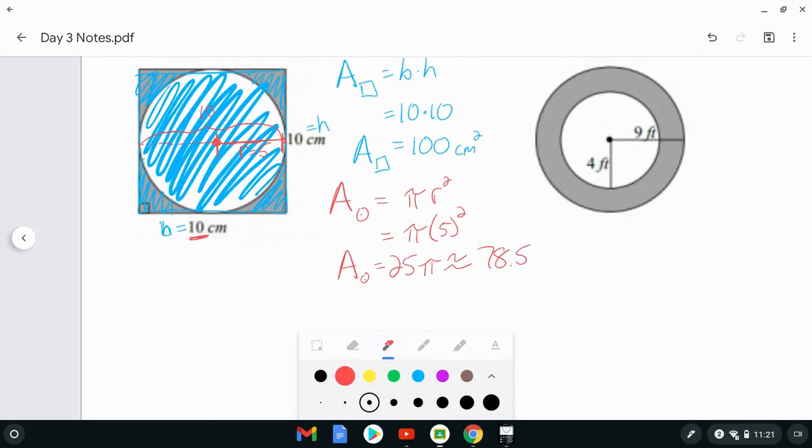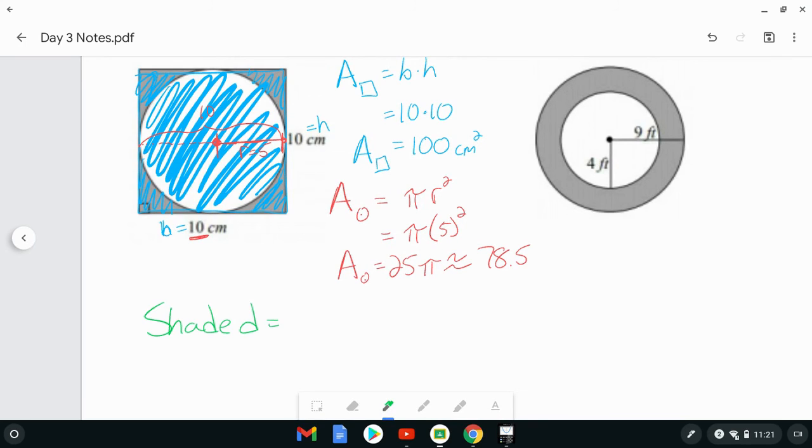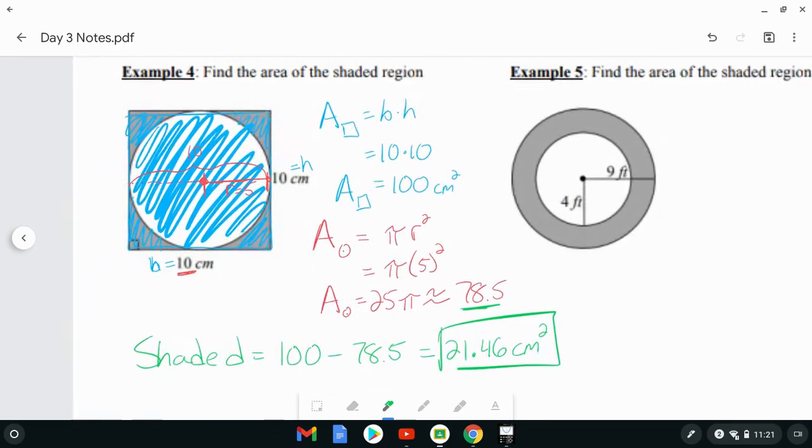In order to find the shaded region, all we do is we take the total square, which we said is 100, and we subtract out that circular part, which is 78.5. And when we do that, you end up with 21.46, again, centimeters squared. So let's watch this happen on the actual diagram.